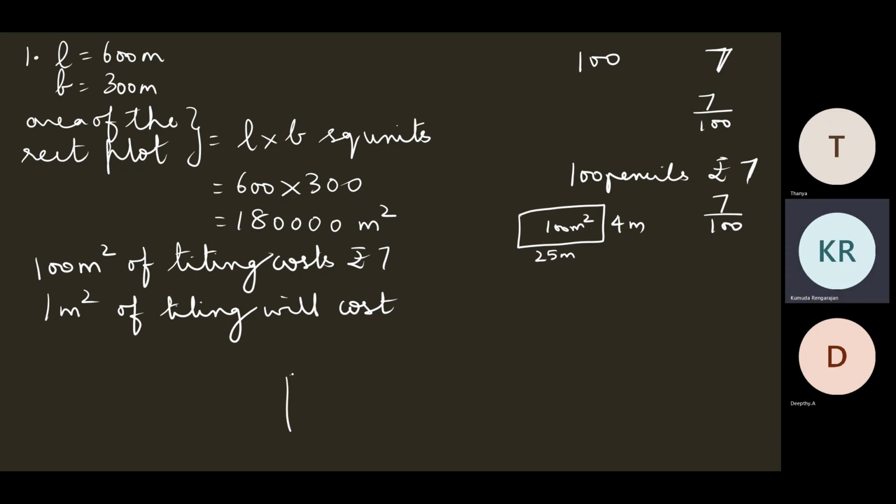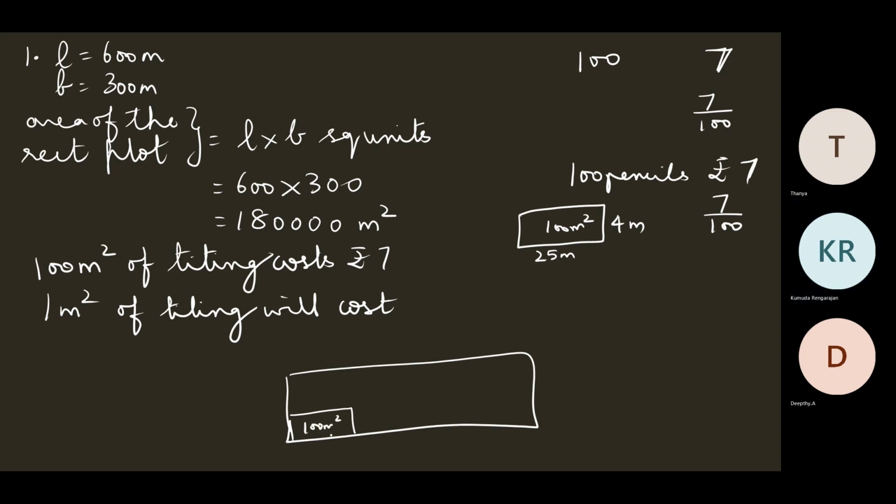That is, the floor is big. Now, supposing this portion of the floor has an area of 100 meters square, that is, here the length is 25 meters and the breadth is 4 meters. So to tile this portion of 100 meters square, the cost is 7 rupees. So you find for 1 meter square, what is the cost of tiling?